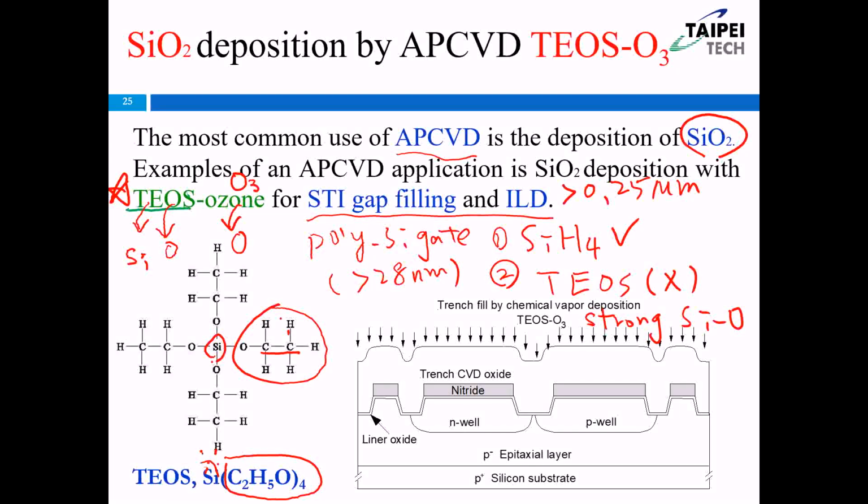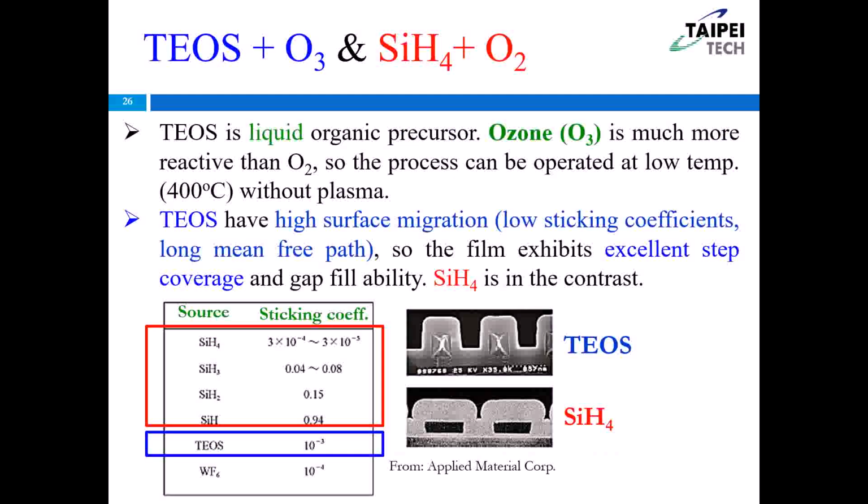Let's take a look at the next chapter to answer your question. I highlight here, if you want to deposit the SiO2, you need to use TEOS and ozone. And that is the reason why we use this slide to show you, okay?